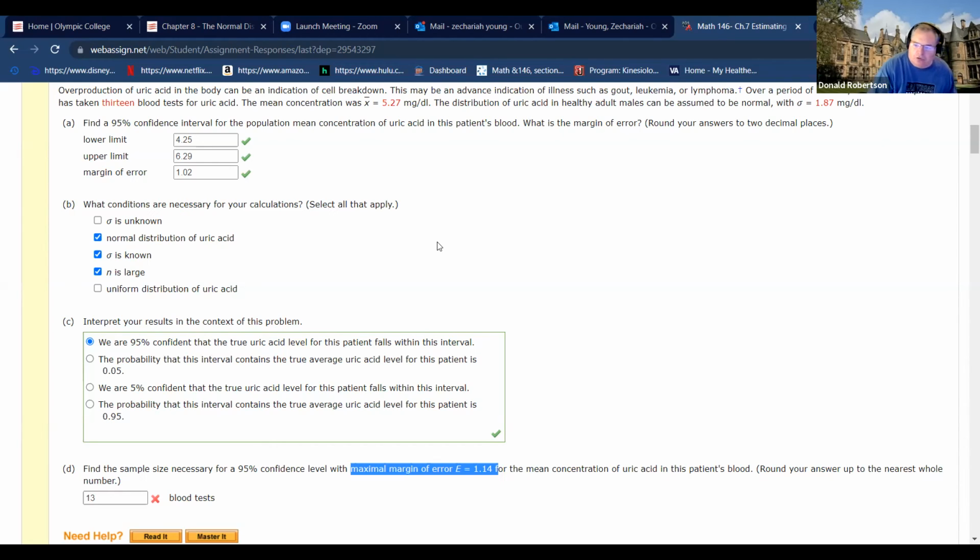So you have got here a sigma of 1.87, and that's important. And we've got a 95% confidence interval, and we have a margin of error of 1.14. Okay, I'm going to take control again and show you how you would calculate that. Correct. So, host only, there we go.